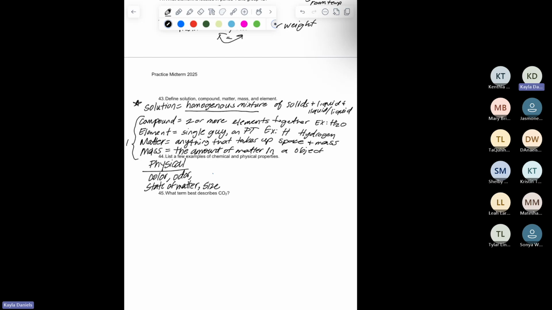And then chemical, like I tell my middle schoolers, it's all the things that end in Y. But like flammability, solubility, reactivity. Flammability, solubility, reactivity, that kind of stuff. I think that should get us where we need to be.